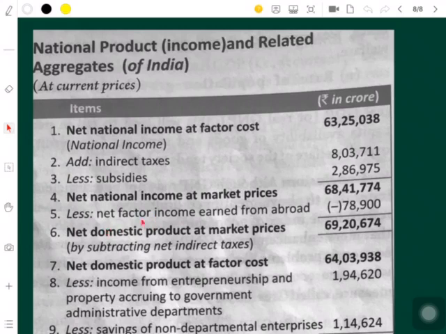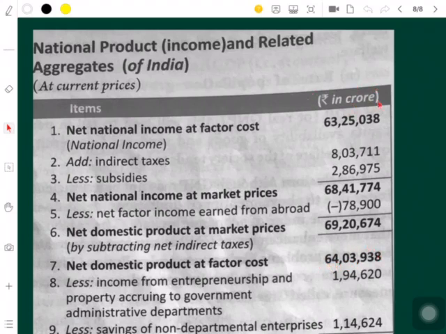Less net factor income earned from abroad, you will reach net domestic product at market price. Subtract net indirect taxes, so net domestic product at factor cost is this much: 64 lakh crore.